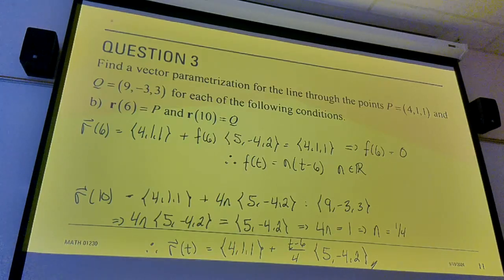And that 5, negative 4, 2, that's the direction, that's PQ, right? That is the direction vector. Right, so that is from what I wrote right there. Yeah. Cool. Thank you.